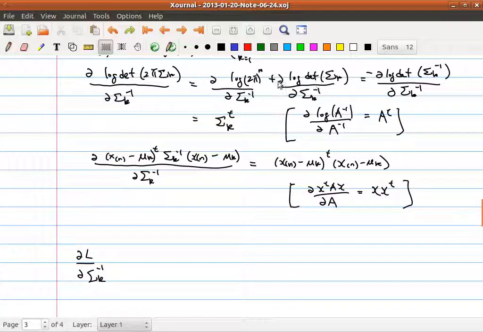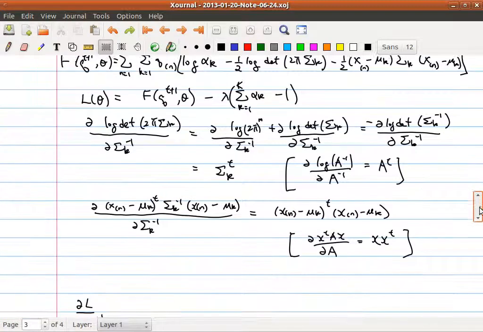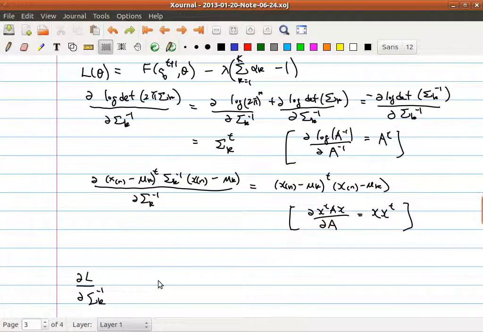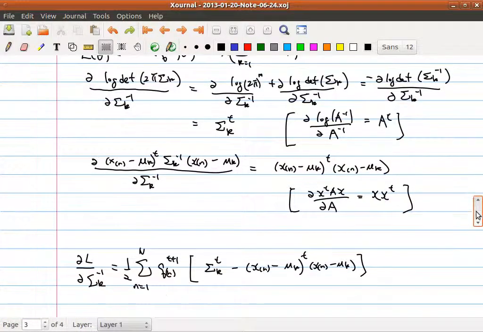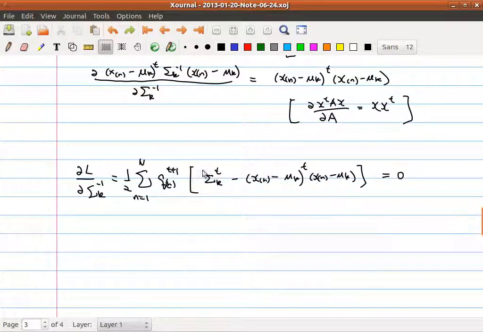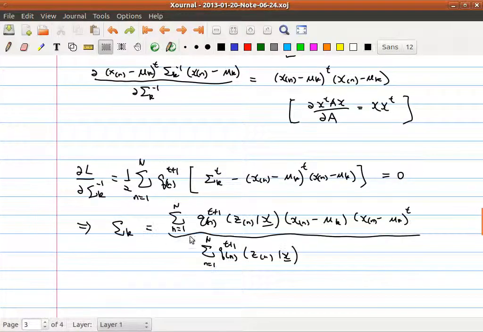So with these two values here, the partial derivative of L with respect to sigma k inverse is just equal to this. And if I set this to 0, basically the sigma k update will be just equal to this expression here.